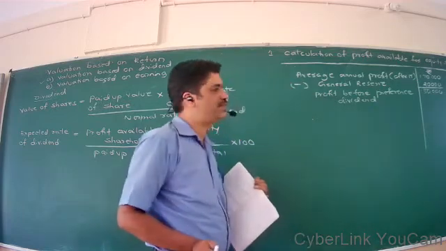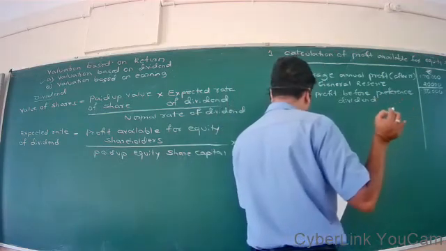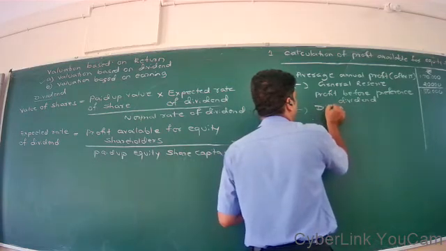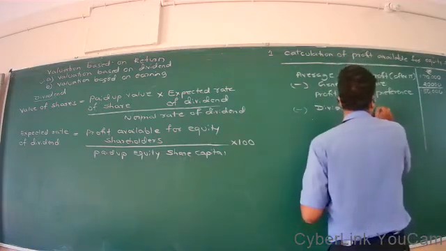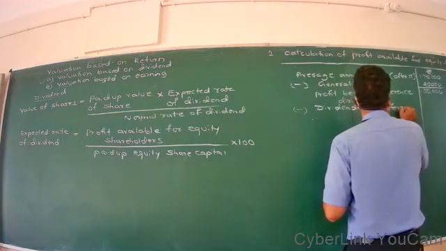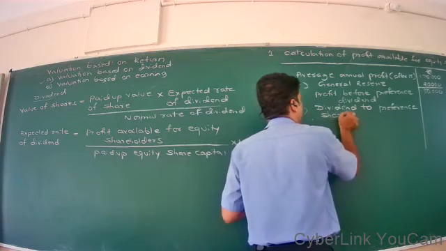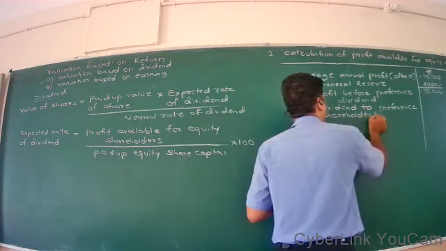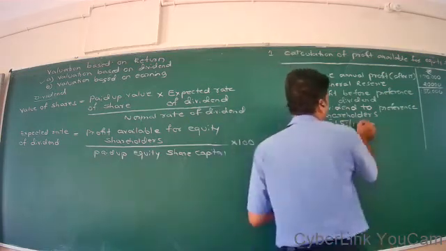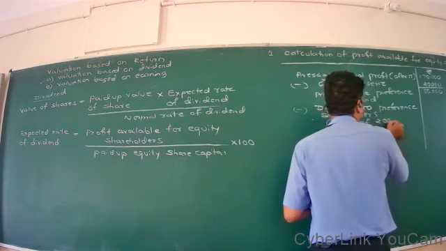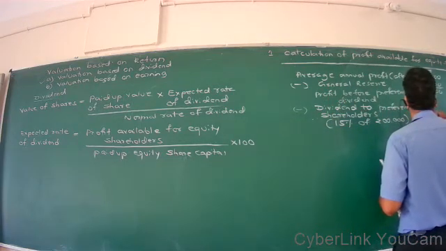Now deduct the dividend to preference shareholders, which is 15% of preference share capital of 2 lakh, so it becomes 30,000.